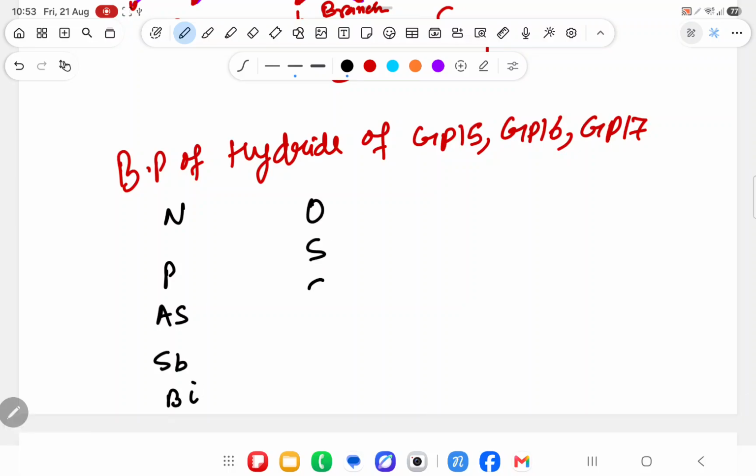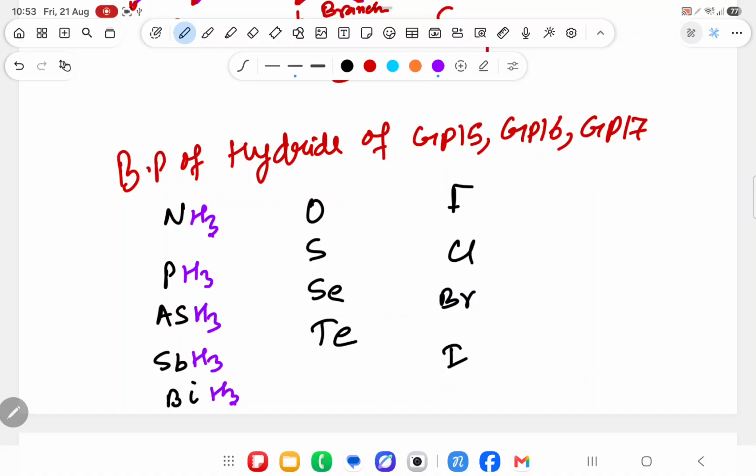Group 16: O, S, Se, Te; Po don't write because it is radioactive. Group 17: F, Cl, Br, I; At means astatine, don't write, it is radioactive. Hydrides mean NH3, PH3, AsH3, SbH3, BiH3; H2O, H2S, H2Se, H2Te; HF, HCl, HBr, HI.